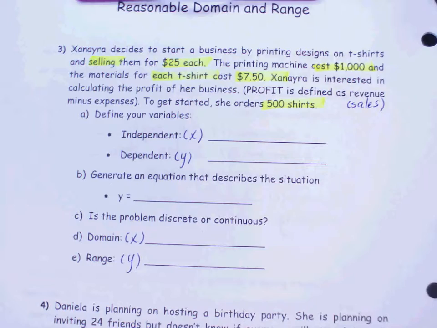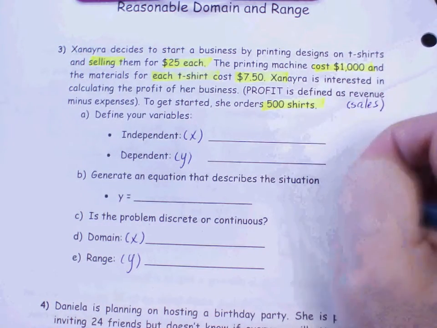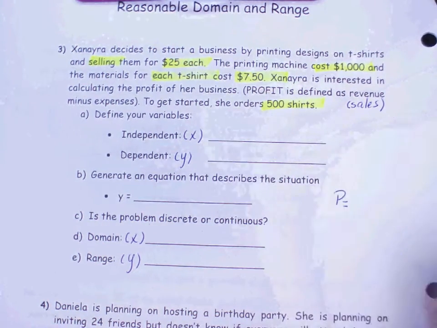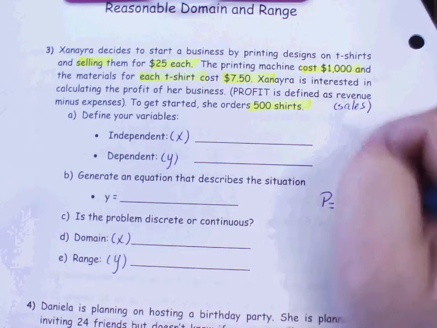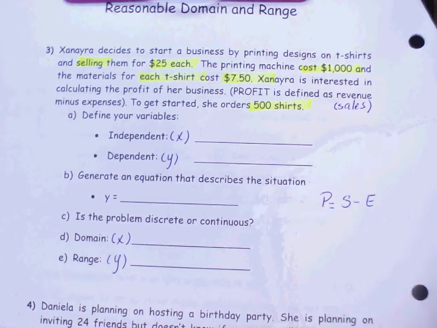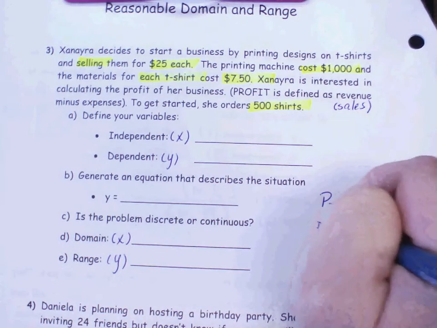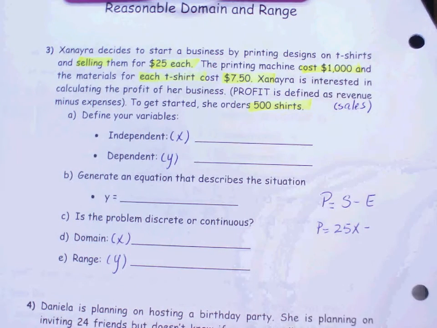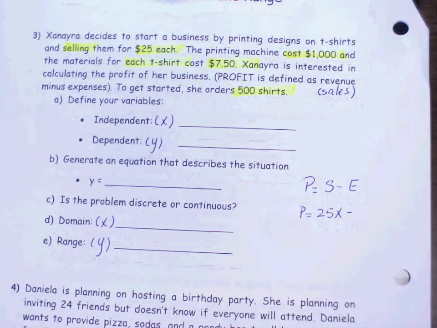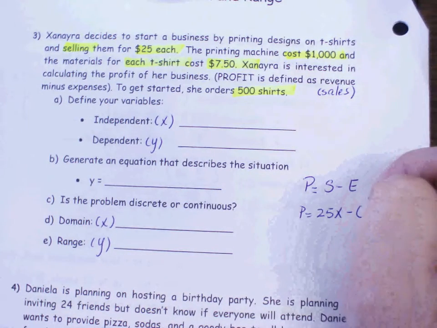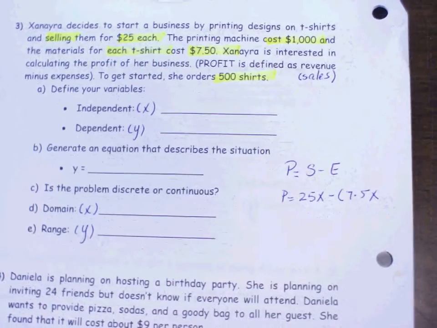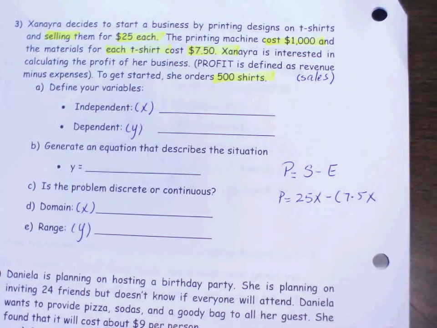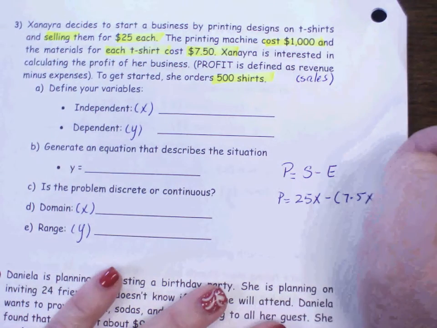All right, so let's come up with the equation first. We're going to calculate profit, and it says that the profit equals what? The sales minus the expenses. My sales would be 25x, and then what do I have to take away from that? What are my expenses? 750x, because it's $750 per shirt. And then how much? $1,000.